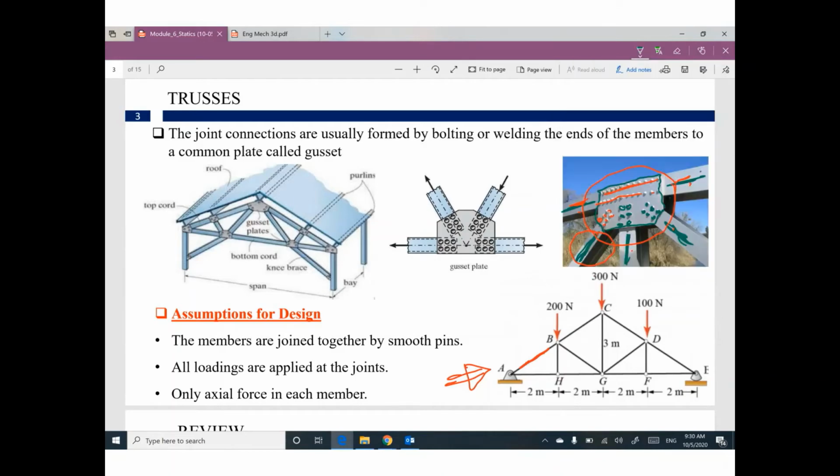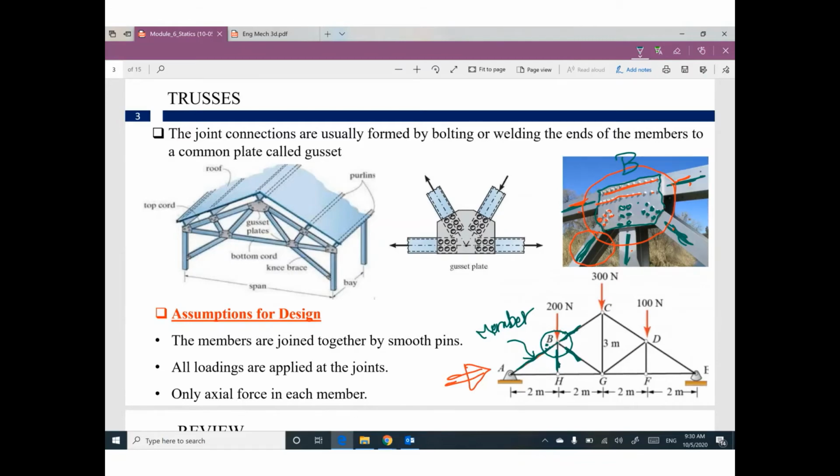So this one is called a member. This one is a member. This one is a member. And this one is a member. All of these members are connected here at the joint called B. In real life, your joint looks like this one, B. In our course, we will idealize this connection by this joint only.